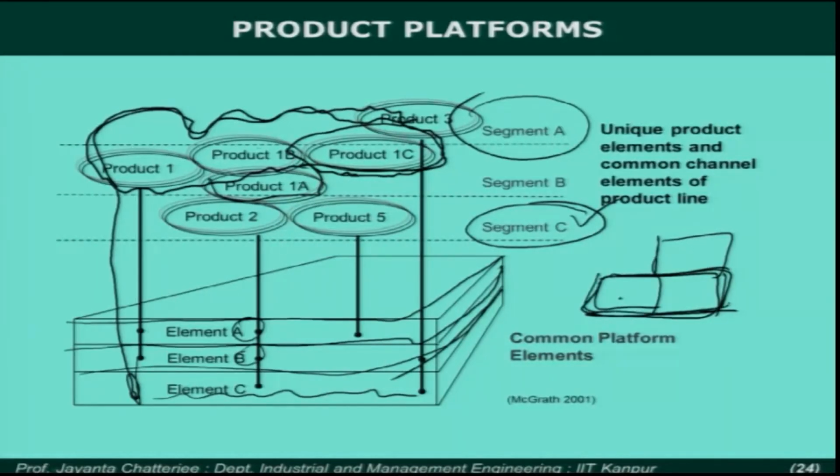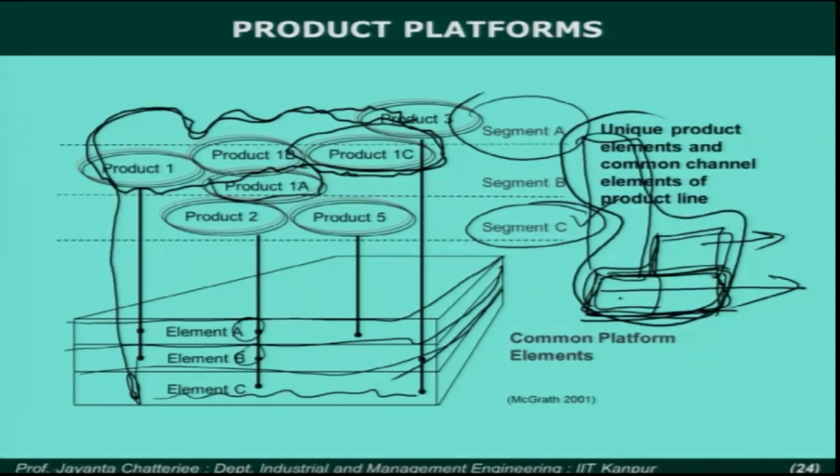So, it is like these two blocks together give us one kind of marketing capability, segmentation, targeting, positioning capability, and by adding this and then this actually gives us another set of market addressability, and then maybe we can add another block by which we are able to create another set of marketing capability.